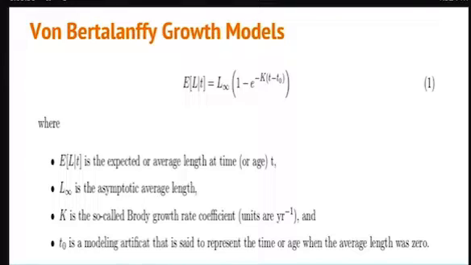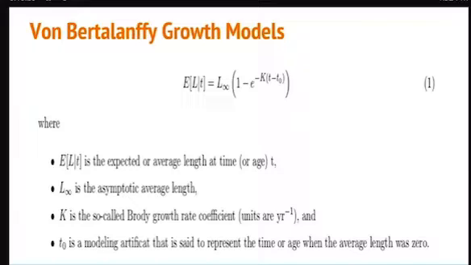What I mean by the asymptotic average length in fishery is the length at which the growth is 0. Then we have K, which is called the Brody growth rate coefficient.